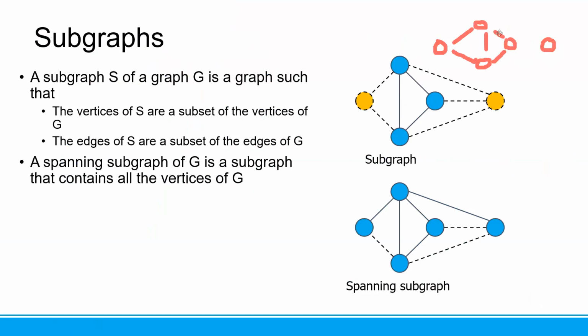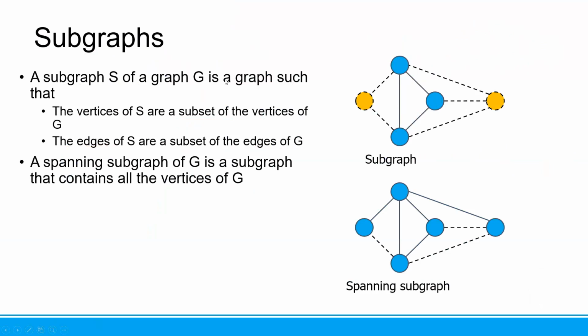And then you can see the blue color is subgraph because this node is the subset from all the nodes, and then the edges of S is also the subset. So this line is the subset from this big graph.